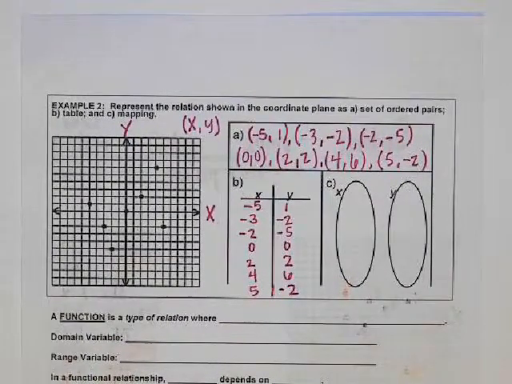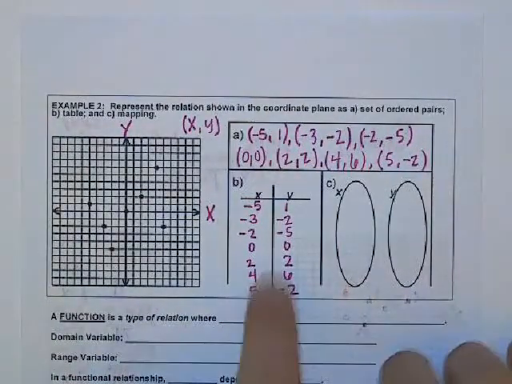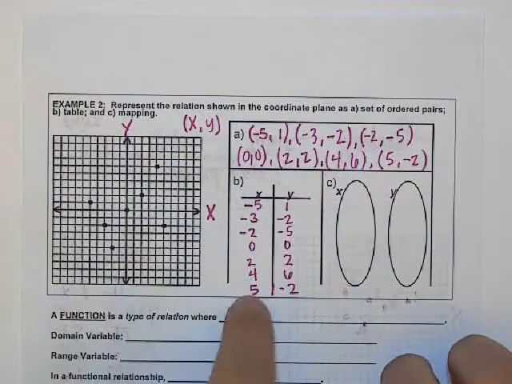Okay, all right, that's my table. Now, sometimes you'll only see a table. What's a table represent? It represents ordered pairs or dots on a graph. Okay, so if you can make that connection that these are all the same thing, that's really good.